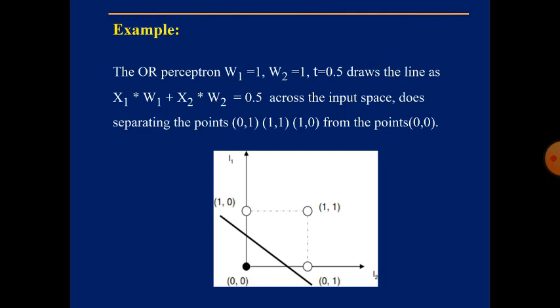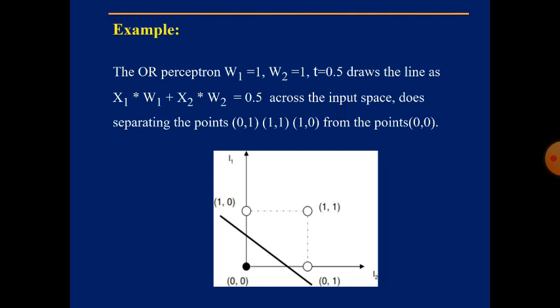If you observe, here we are performing the OR operation. If you take 0 comma 1 as the inputs x1, x2, so x1 is 0, x2 is 1, where w1, w2 are 1 and 1.